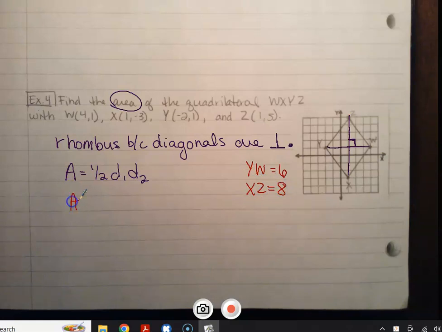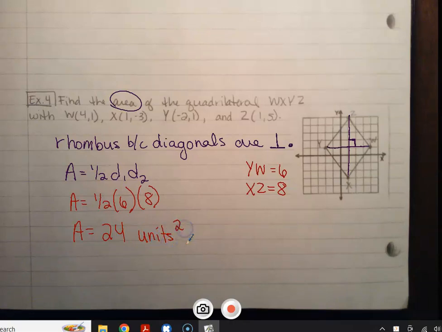So our area is going to equal 1/2 of 6 times 8, which means our area equals 1/2 of 6 is 3, and 3 times 8 is 24. Remember it's area, so we're going to put units squared.